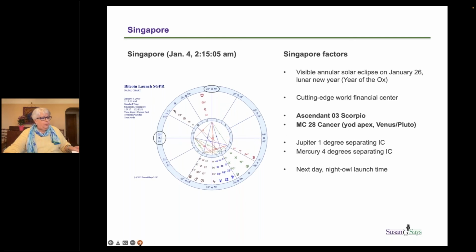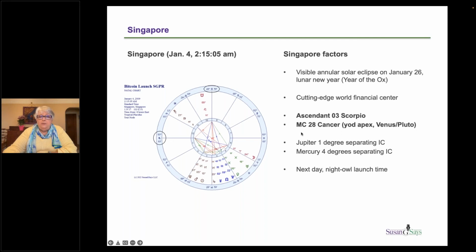Now, Singapore. I like Singapore too. I think it seems like a logical potential choice. Same deal. It's kind of a cutting edge world financial center. There was a solar eclipse just a couple weeks later. The ascendant is in 03 Scorpio, and once again, this is conjunct my moon. So perhaps this is why I like this one.